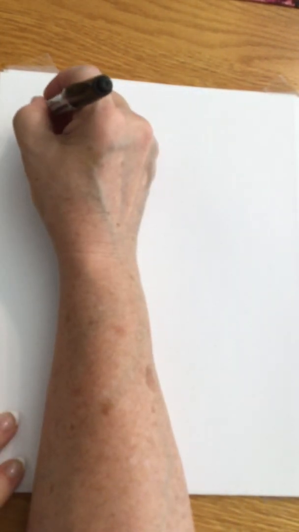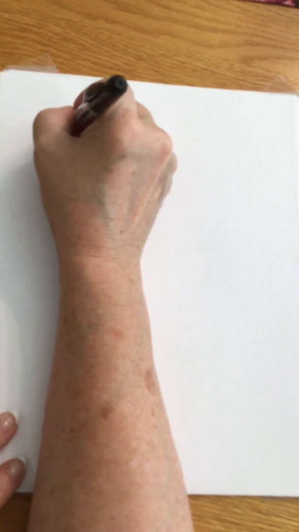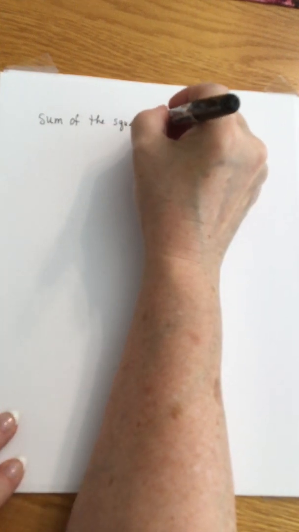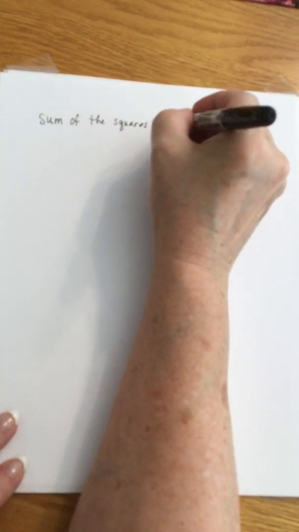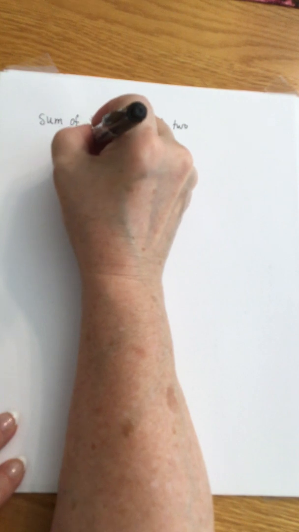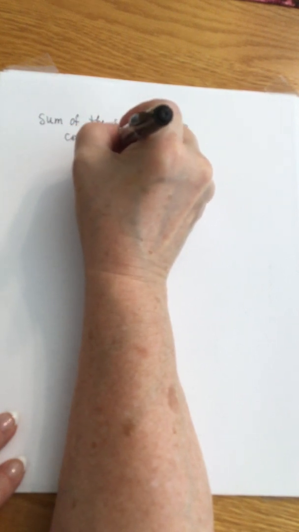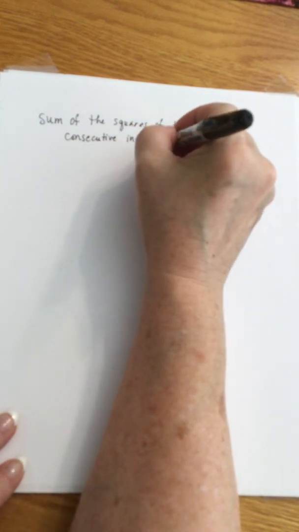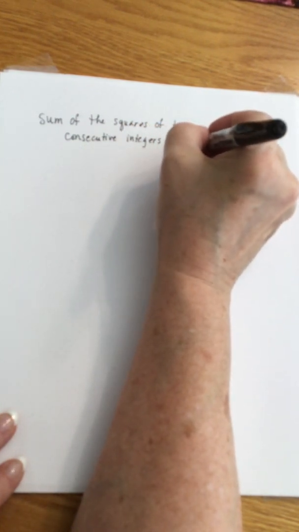So this one's going to say the sum of the squares of two consecutive integers is 481.